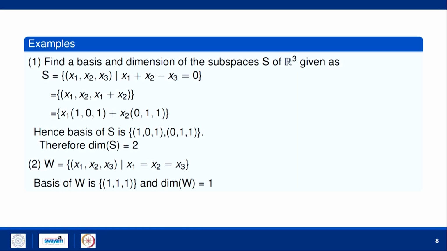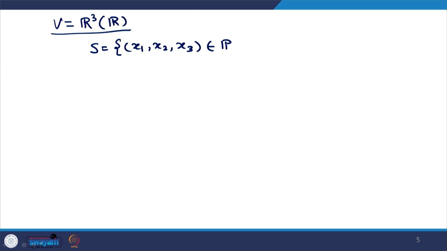My vector space is R3 over the field of real numbers and I am defining my set S as the space of all the vectors (x1, x2, x3) belonging to R3 such that x1 plus x2 minus x3 equals 0.